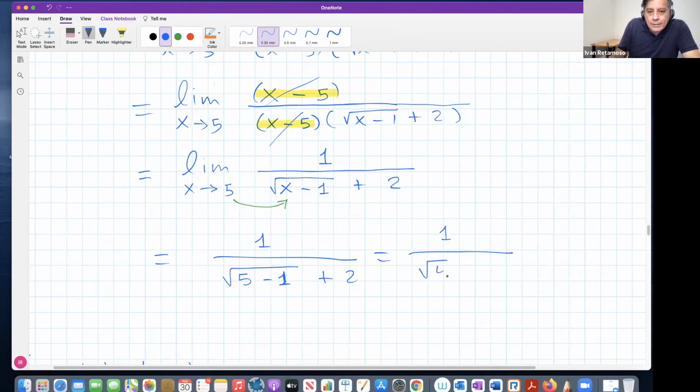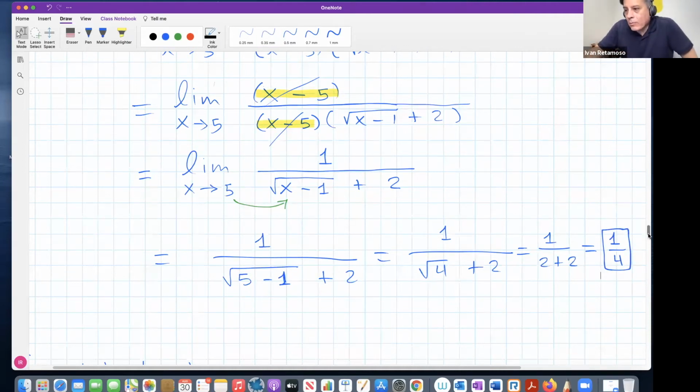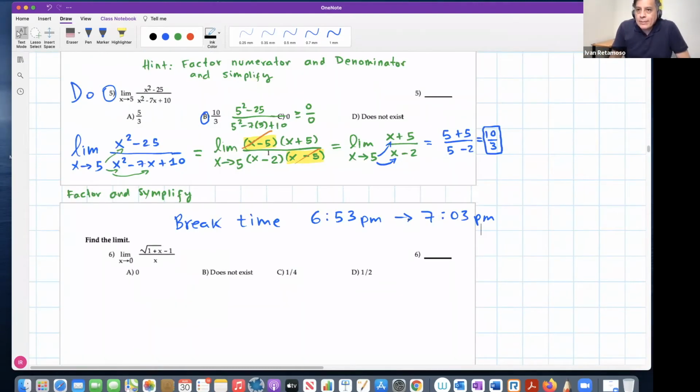Square root of 4 here plus 2. The square root of 4 is 2. So we end up with this 1 over 2 plus 2. And that is just 1 over 4, right? Final answer, in exact form: 1 over 4, a quarter, right?